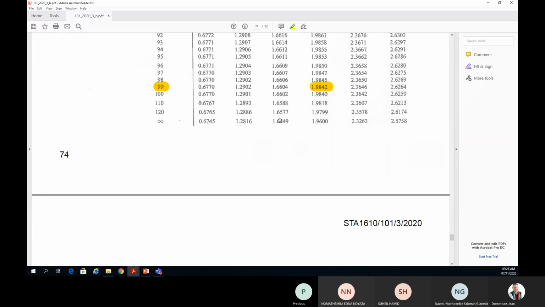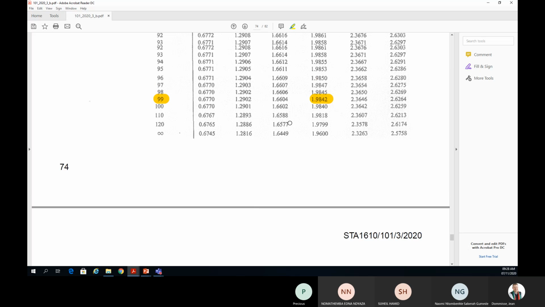Nearly when it starts getting bigger than 120, we're very close to the normal distribution. Here you can see we're getting the 1.96, the 2.58, the 1.645.